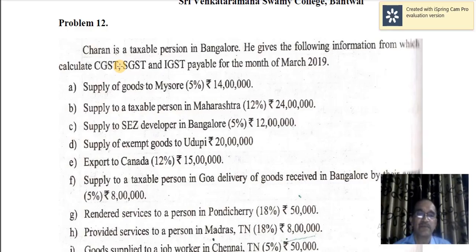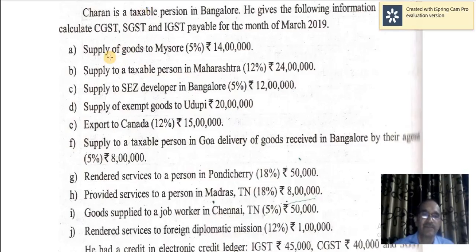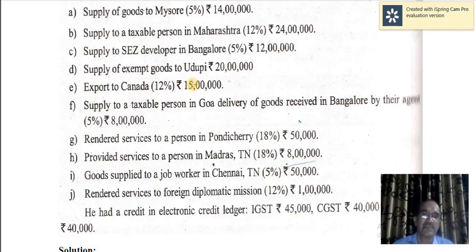Supply of exempt goods to Udupi. Okay, the goods are exempt from tax. Export to Canada. So export of goods, and that is exempt from tax. That is zero rated, I mean. Supply to a taxable person in Goa, delivery of goods received in Bangalore by their agent.